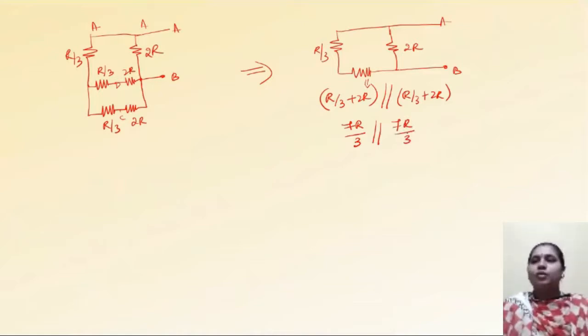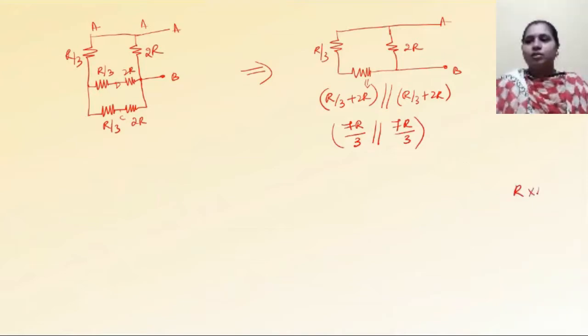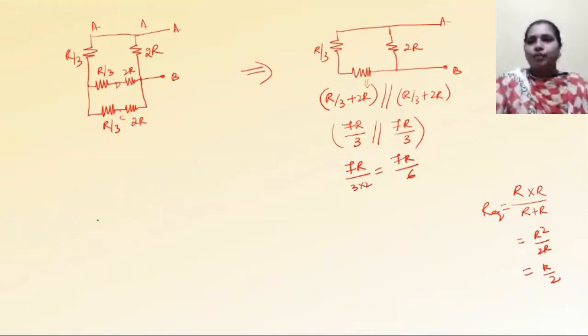When the same resistors are connected in parallel, what is R equivalent? R equivalent is R square by 2R, that is R by 2. Here also the same resistors are connected in parallel, so that value is 7R by 3 into half, that is 7R by 6. So 7R by 6 is in series with R by 3. Now the resistance value is like this.